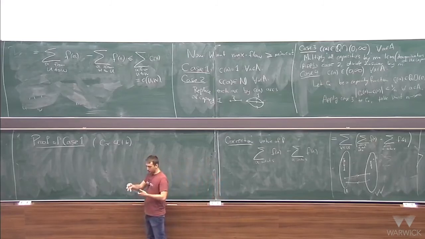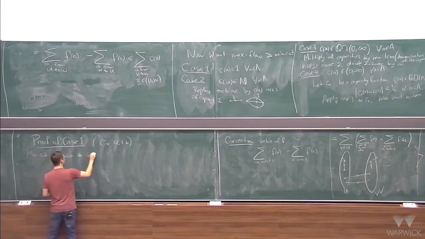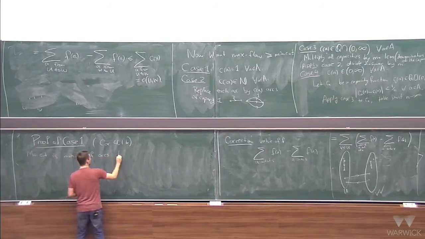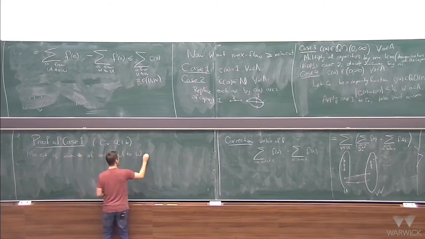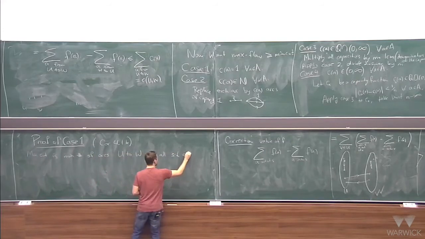All the capacities are 1, so a min-cut is just the minimum number of arcs from U to W over all ways of partitioning the graph where S is in U and T is in W. So min-cut is just the number of arcs from U to W over all ST cuts.